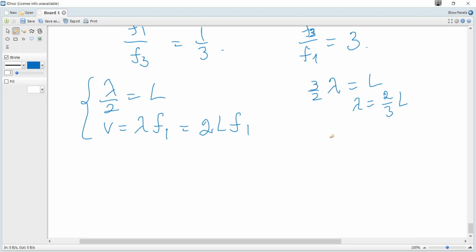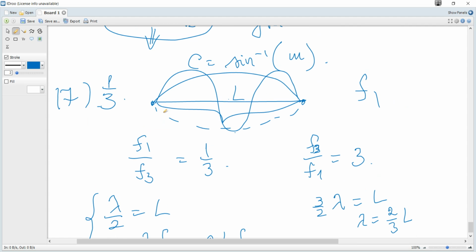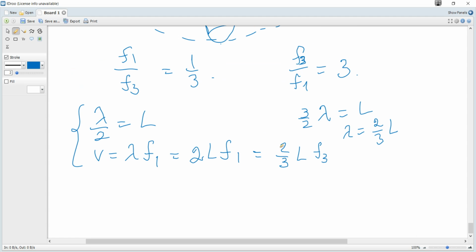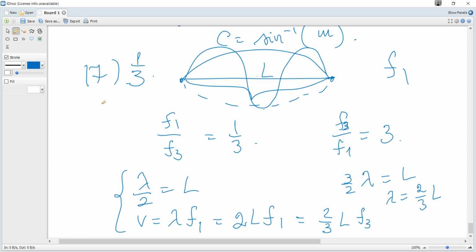Wave speed is constant, it depends on air if it's sound, or tension if it's string. So it's constant, and it's now 2/3 L f3, and we need F1 over F3, it's 1/3. So it's 17, it's D.